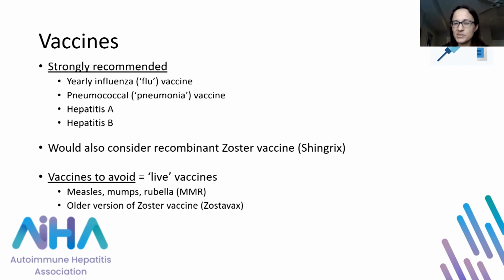So oftentimes as part of those initial lab tests, we're looking for whether or not you're already immune to that. Hepatitis B is a little dependent on what kind of job you have. If you work in healthcare, everybody tends to be vaccinated already against hepatitis B, or you may have been vaccinated in childhood as well.